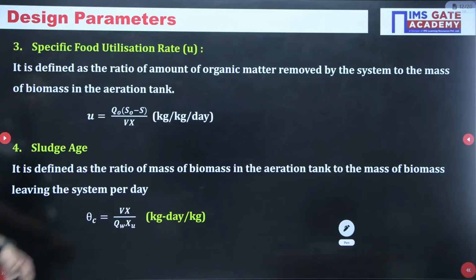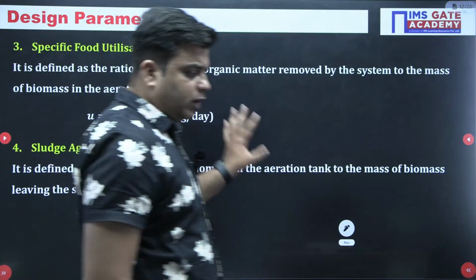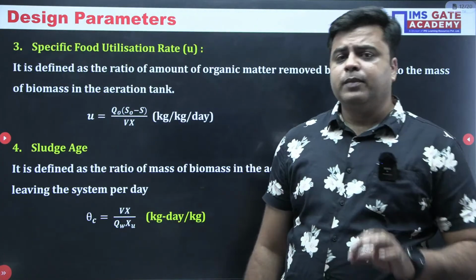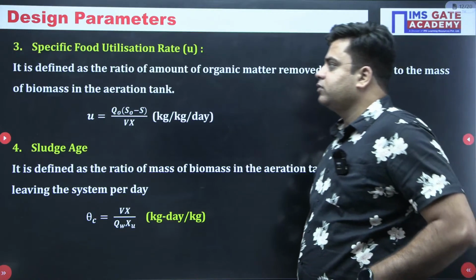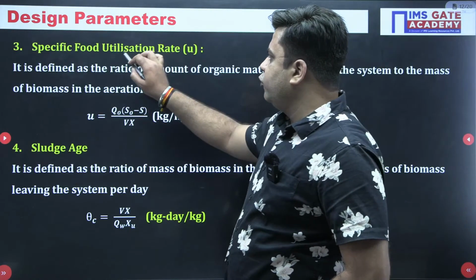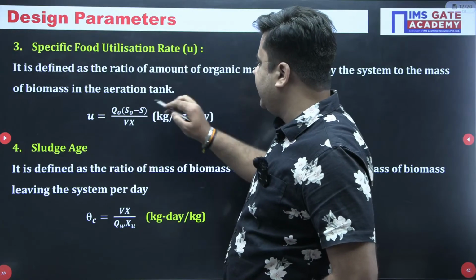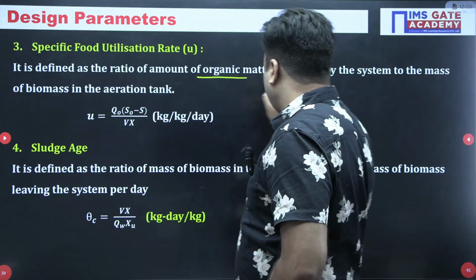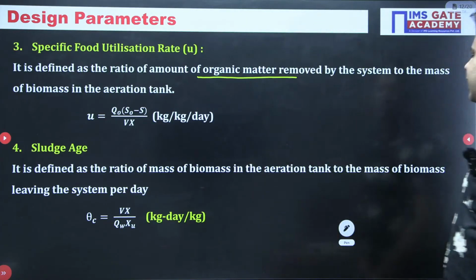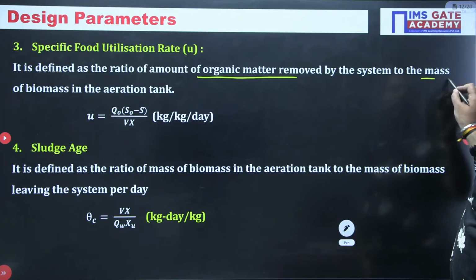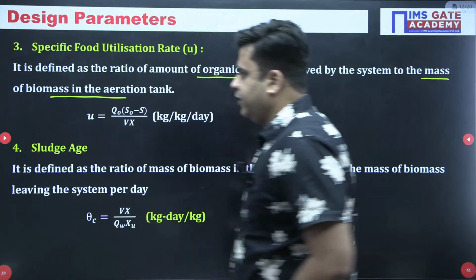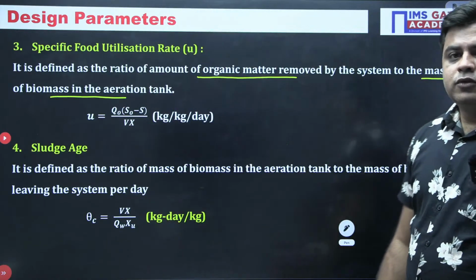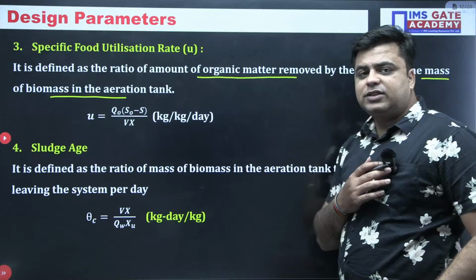Next is termed as the specific food utilization rate. Now these two parameters that I have written are very, very important parameters. First of all, specific food utilization rate is defined as the ratio of amount of organic matter removed by the system to the mass of biomass present in the aeration tank. What does specific food utilization rate tell us?